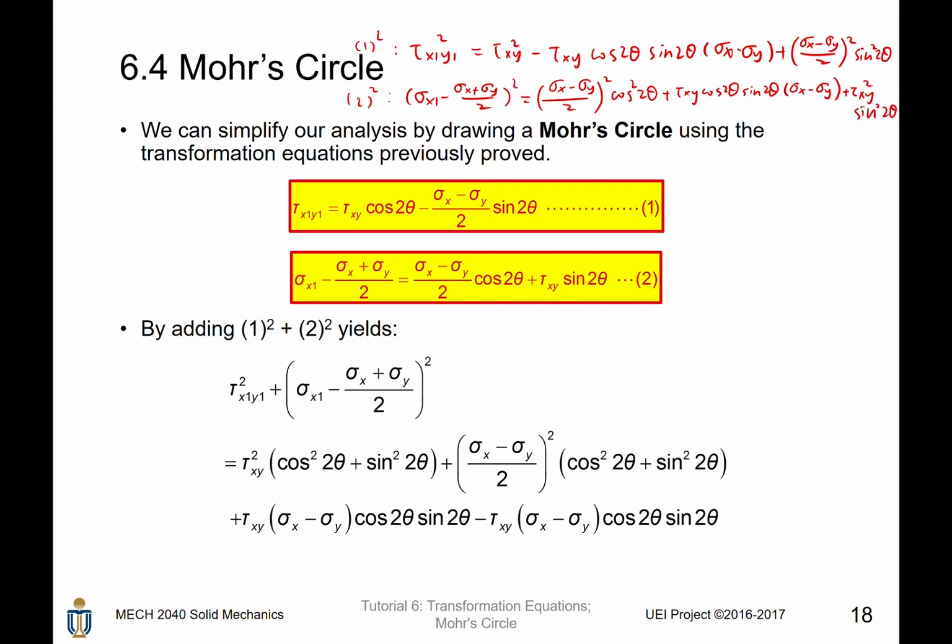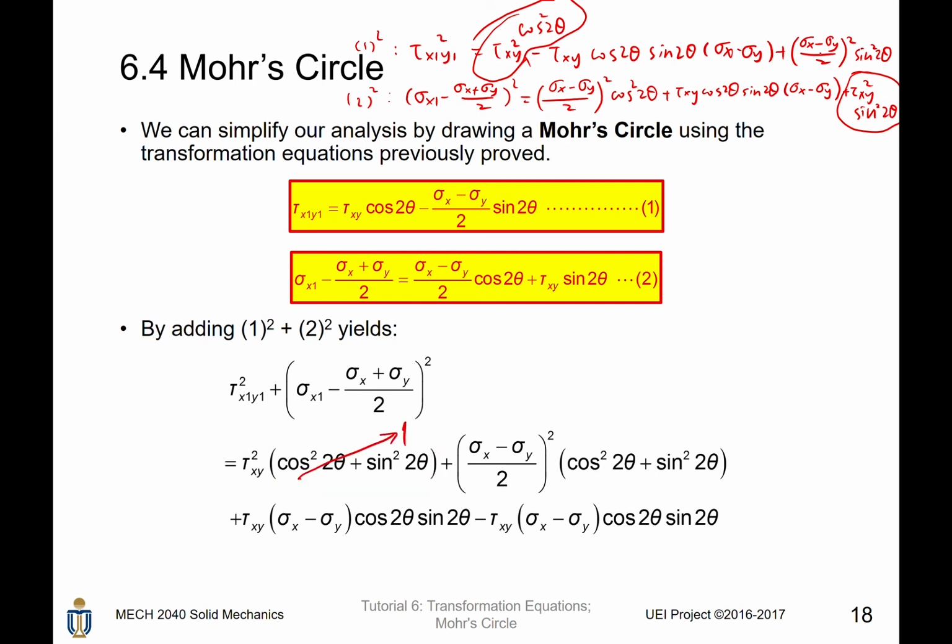Then the left hand side is combined to be something like this. Sorry, here it should be cosine 2θ squared. Okay, so I missed this term. So for τxy squared, we first take out τxy squared, and then we combine those two terms together. Then we have something like this, and obviously you can observe that this term automatically becomes 1.